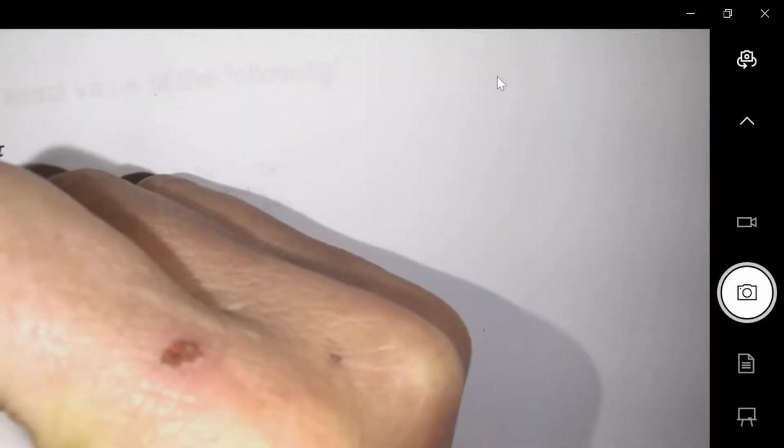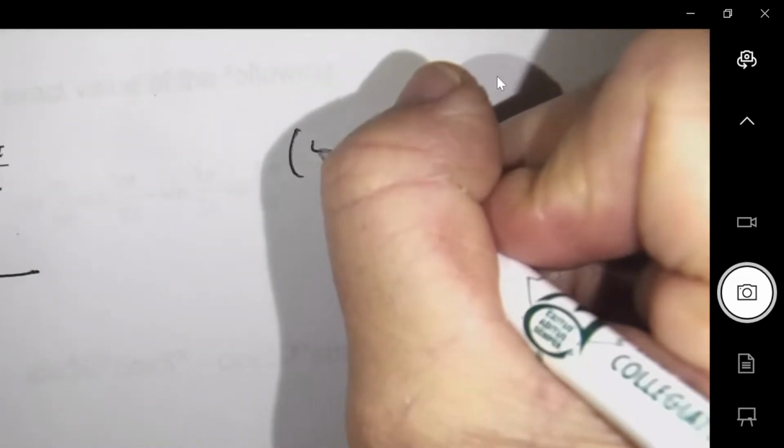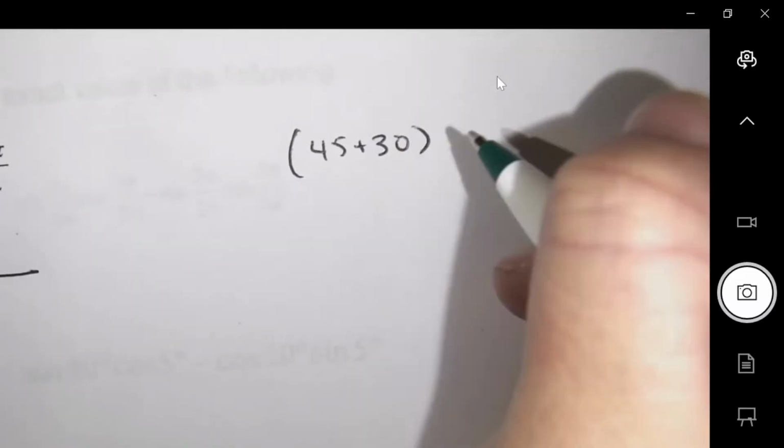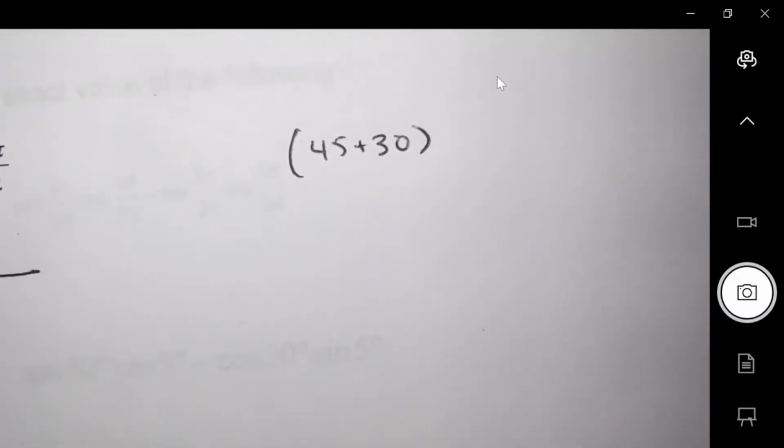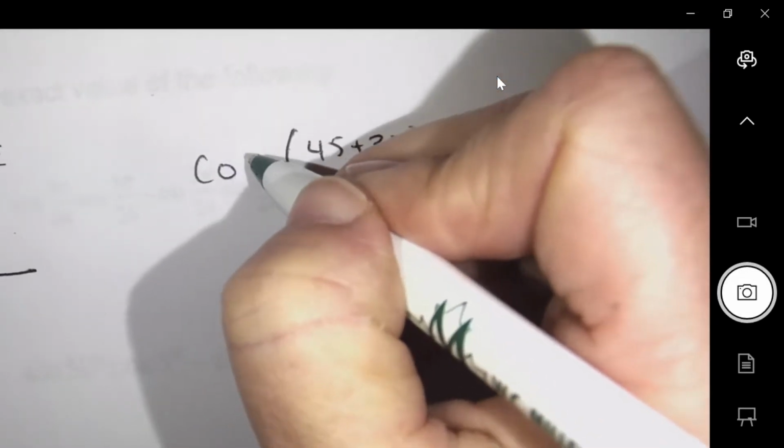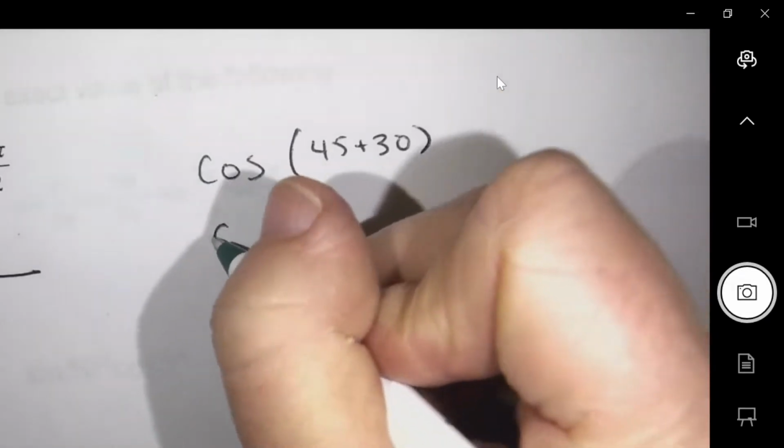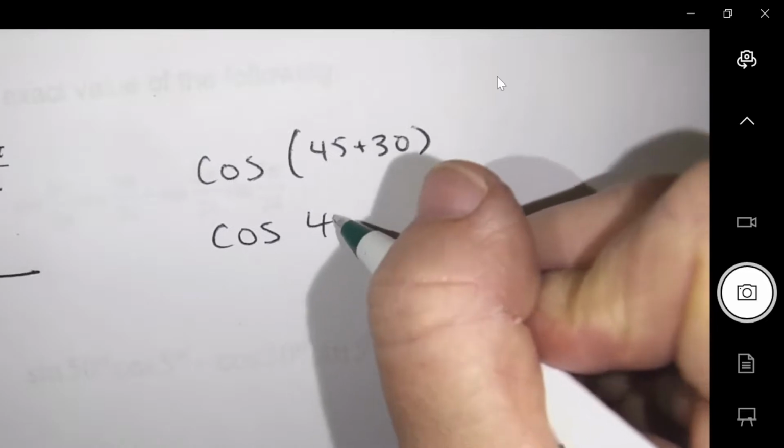This would make it a 75 reference. So I'm going to go with a 45 plus 30. And I'm not doing secant. What should I do instead of secant? Cos. So the formula, I'm going to find the formula.